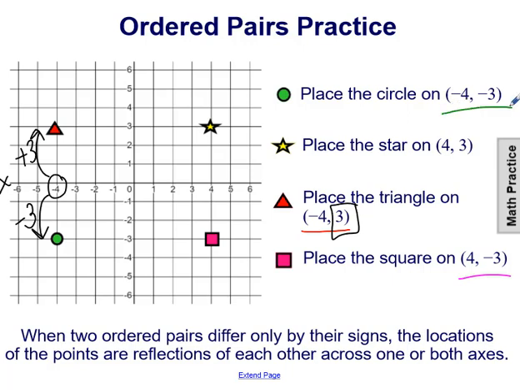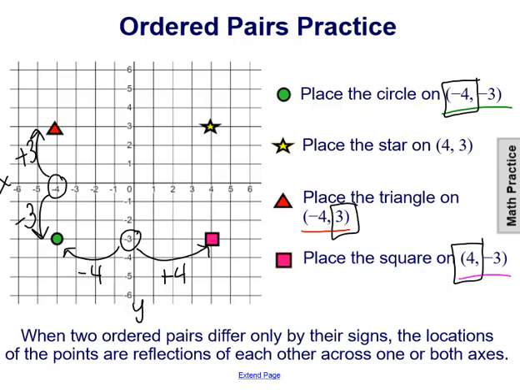Looking at -4, -3, and 4, -3, they have the same y values of -3. They're both located here, but now one is a -4 x value and one is a +4 x value. So they're differing by 4 units, but one is plus and one is minus. That is a reflection in the y-axis.